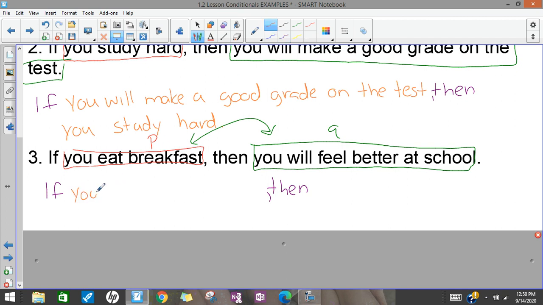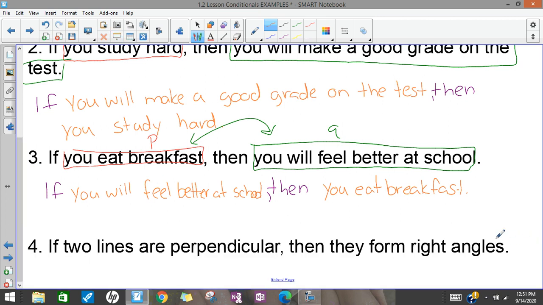If you will feel better at school, then you eat breakfast. Now don't get hung up on right now when we're writing these totally if they make sense, especially when we have a silly sentence like about eating breakfast and feeling better at school. Sometimes the converse doesn't make as much sense as the original conditional does.